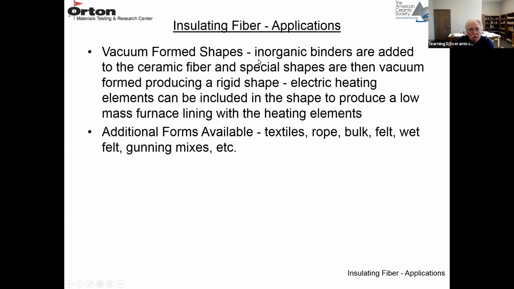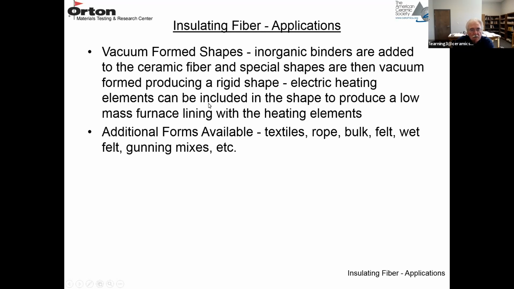You can form other shapes by adding inorganic binders to the ceramic fiber. Then you can make special shapes by using a vacuum forming process. If you have electric heating elements, you can embed them in a fiber rigid material, so that incorporates an electric heating element for a furnace wall.